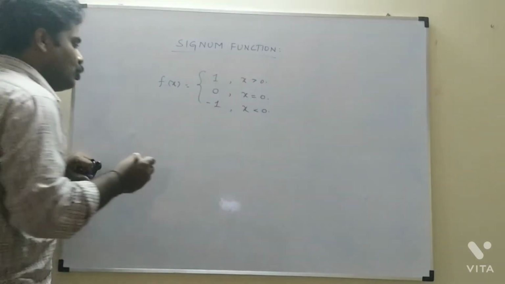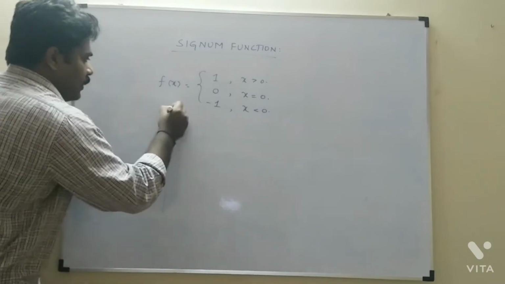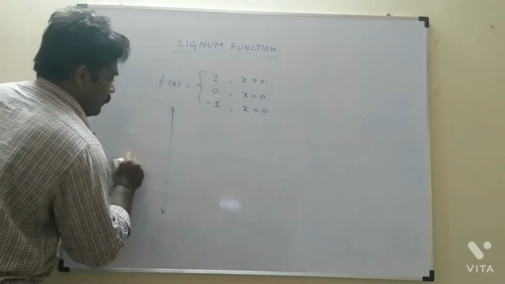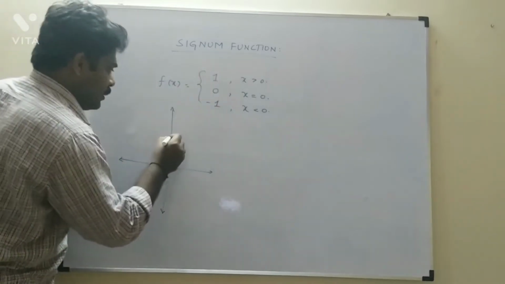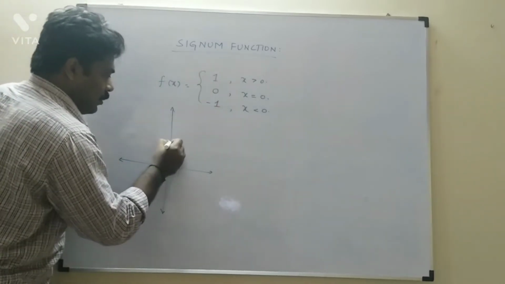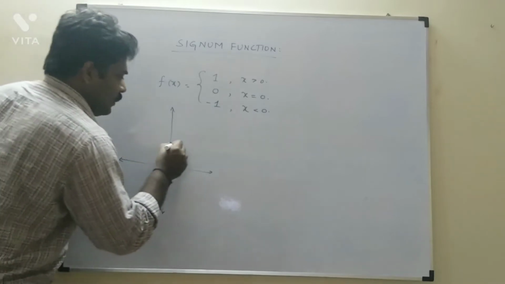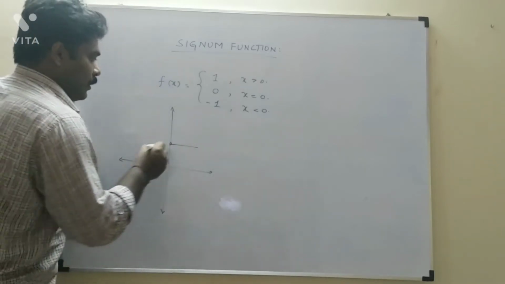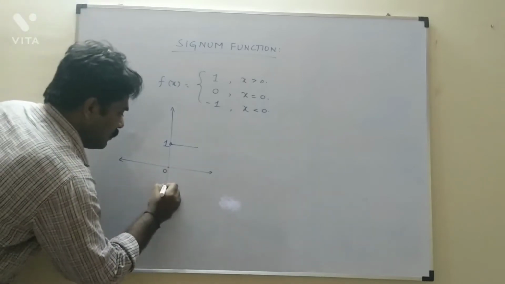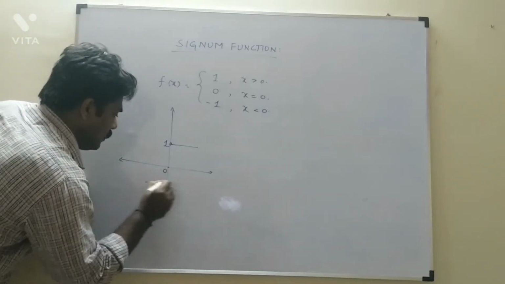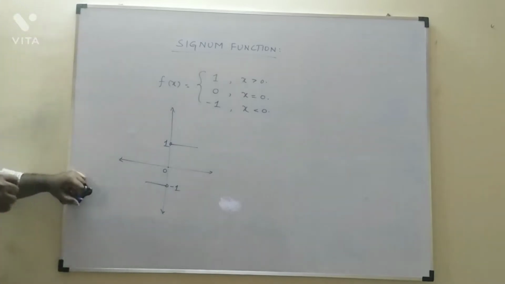Right? So how do I show in terms of graphical representation? So for all values greater than 0 it is 1. See, I am drawing a little bit of circle like thing. That means it is not defined at that particular point. Okay, this is 0. Similarly here also circle like thing is nothing but minus 1.